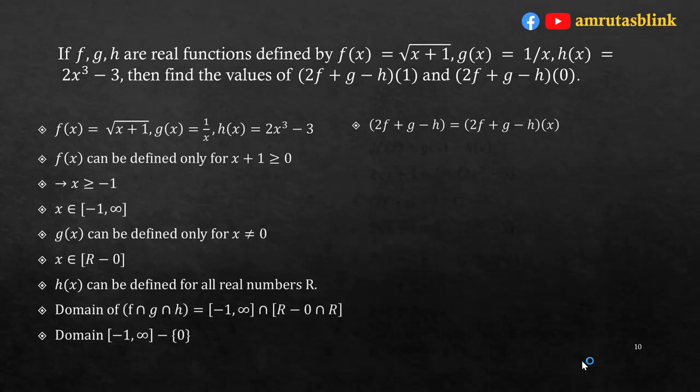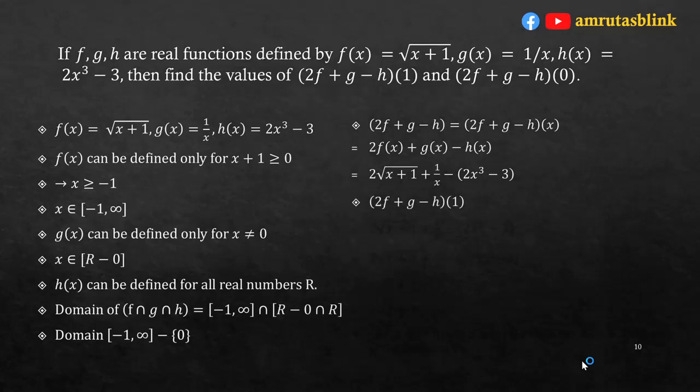Now, we need to find out the value for the function 2f plus g minus h. So, first of all, we will simplify this. (2f plus g minus h) of x will be equal to 2f of x plus g of x minus h of x. That is 2 into bracket under root x plus 1, plus 1 by x, minus (2x cube minus 3).